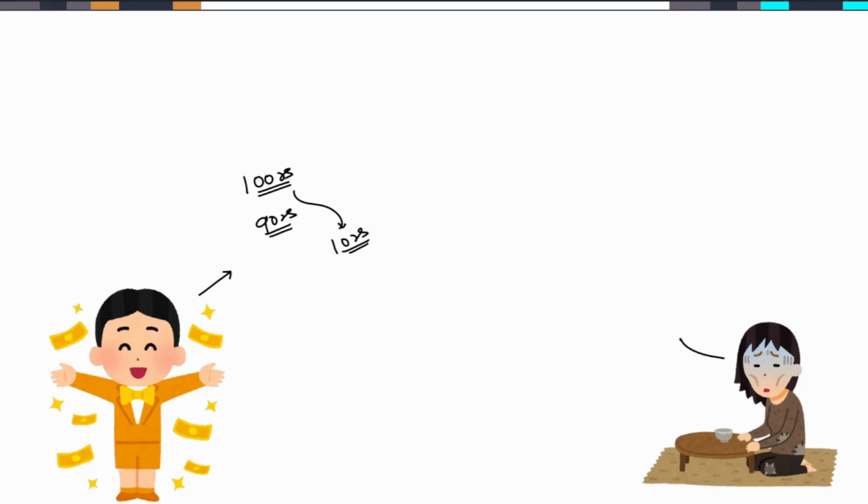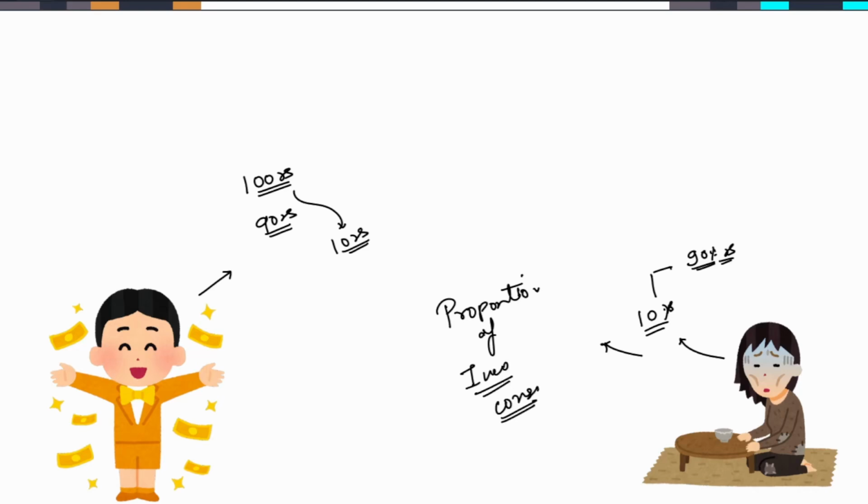Now, if we say these 10 rupees make 90% of the income of the poor people, this proportion of income consumption is far more among the poor people than the rich people. The rich are anyway investing 90 rupees somewhere else, in their assets, and only consuming 10 rupees. The poor are consuming the same 10 rupees, but that makes 90% of their overall wealth.